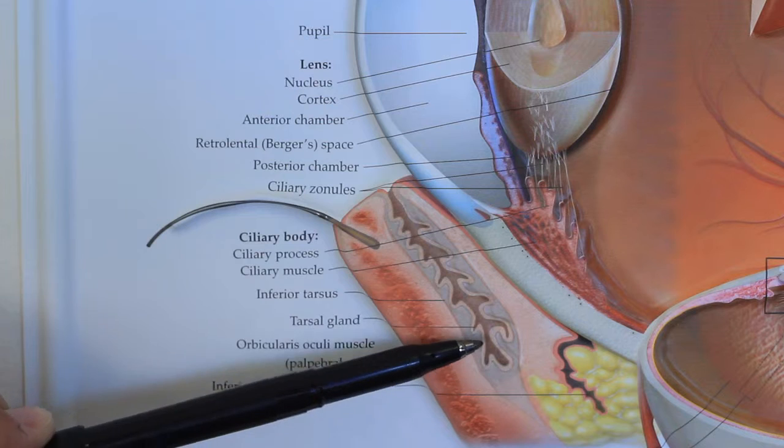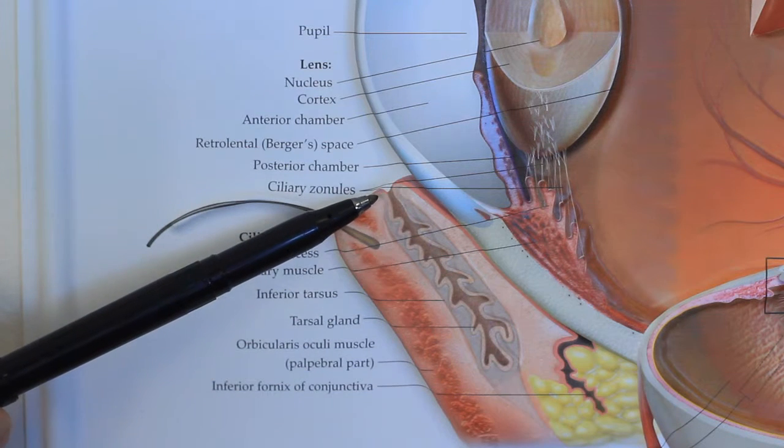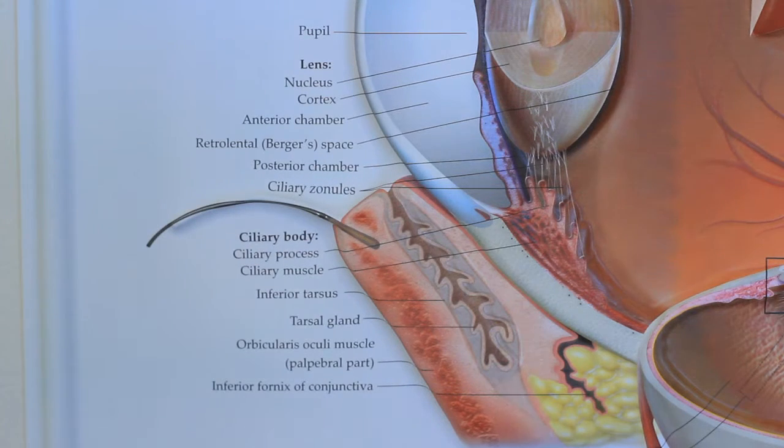So the oil is made in this gland here and comes out through a little pore on the surface. And there are about 25 or so oil glands in the lower lid and about 25 oil glands in the upper lid. And these glands, also known as meibomian glands, are what produce the oil to prevent evaporation of the water layer of the eye.